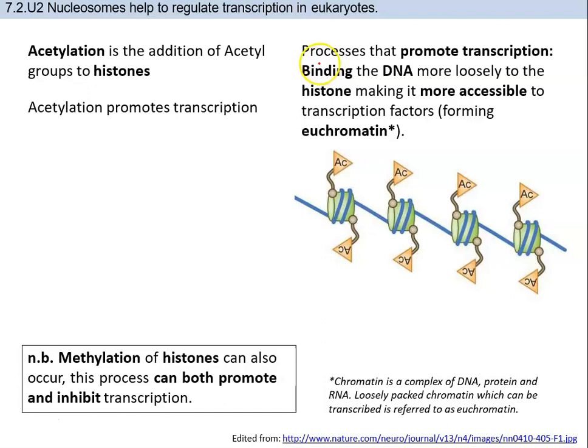So it's the process that promotes transcription, binding the DNA more loosely to the histone, making it more accessible to transcription factors. As you can see, it's becoming a little loose and more open, and these areas are available for transcription after becoming extended.